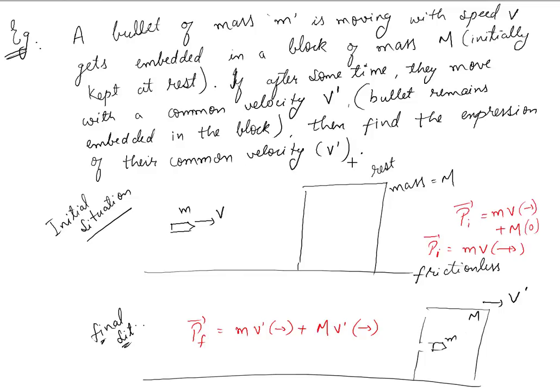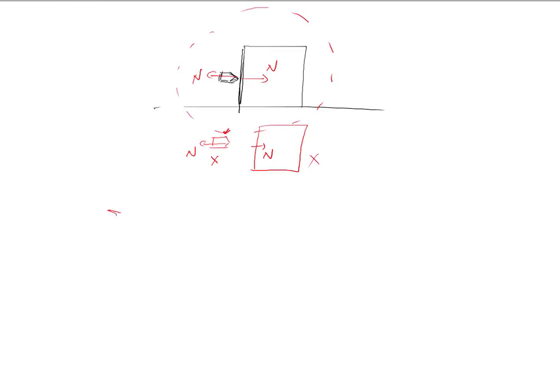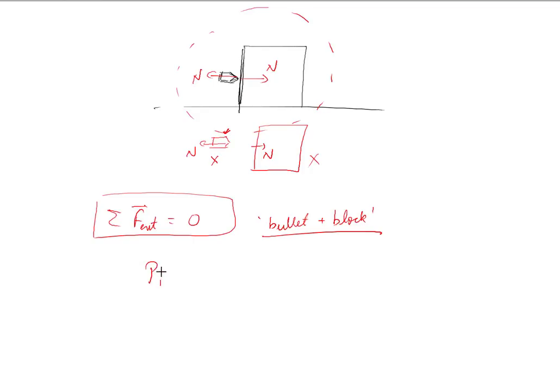Since both of them are moving with common velocity v prime, the final momentum of this system will be equal to mass of bullet plus mass of block into their common velocity. And since the summation of external force acting on the system of bullet and block is equal to 0, we can say that the initial momentum of this system will be equal to the final momentum of the system.